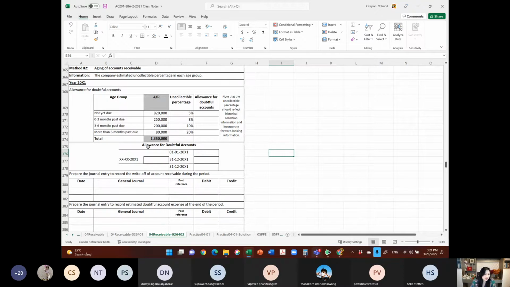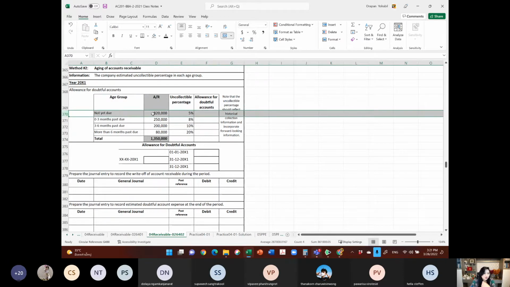What you need to do is divide this 1,350,000 into age groups. According to the information you have at hand, 820,000 out of the 1.35 million has not yet been due, and you estimated that 5% of that amount will be uncollectible in the future.